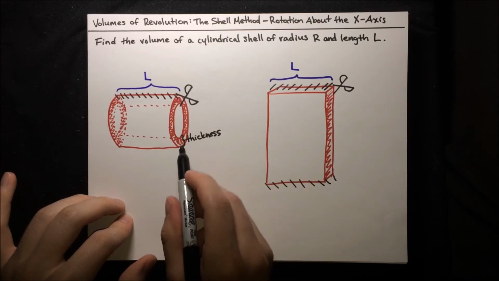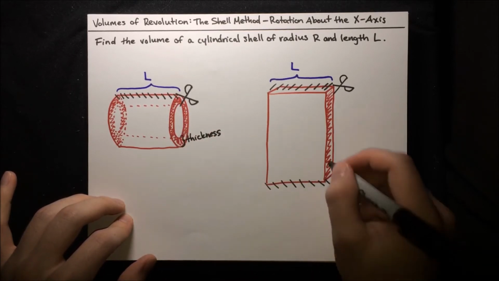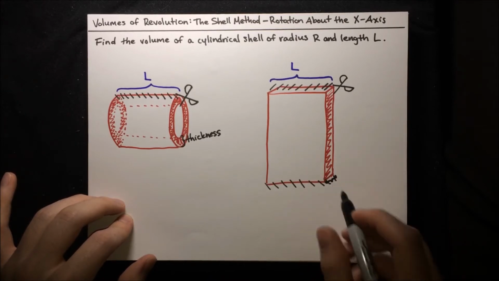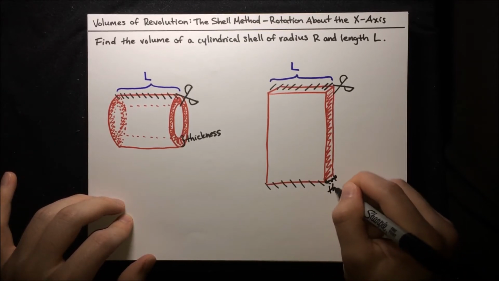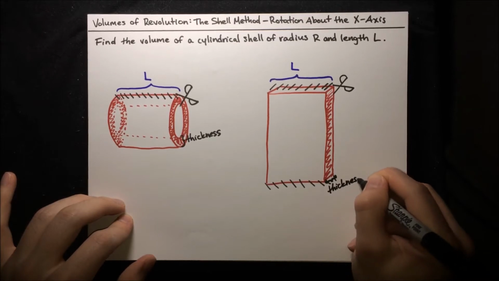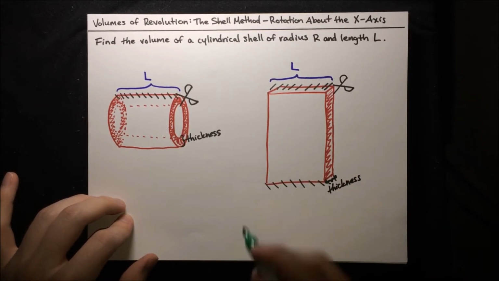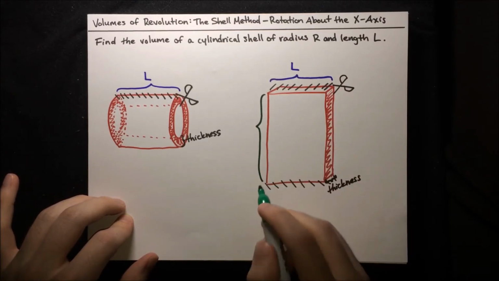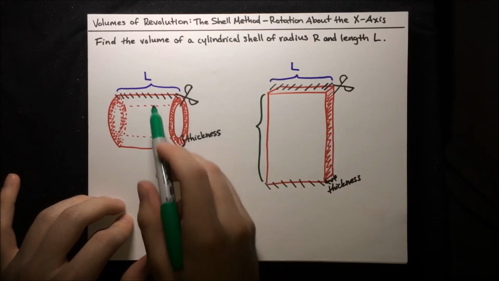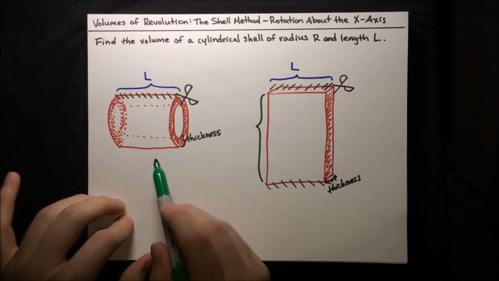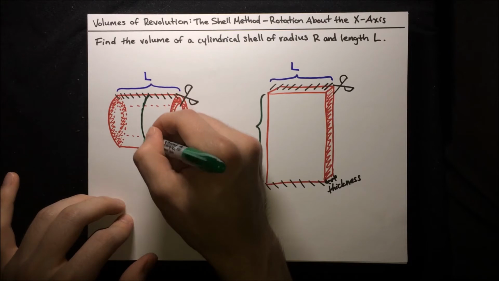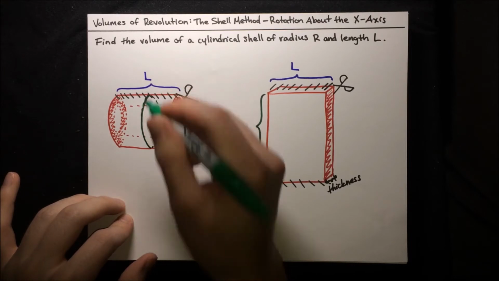So then the thickness of the wall becomes the depth of the rectangular prism here. So it remains to figure out what this dimension here is. Well, that dimension just comes from unraveling the cylindrical shell. So that's like the circumference of a circle around the shell, like here.